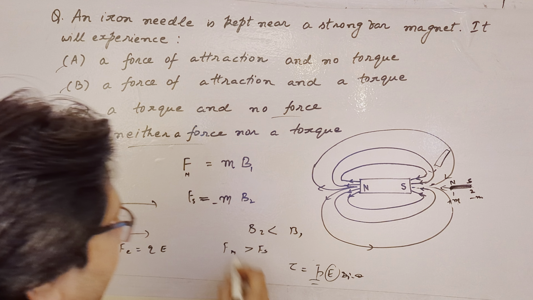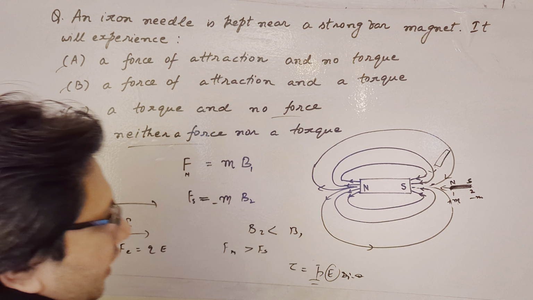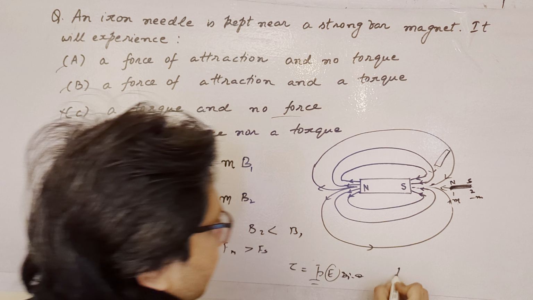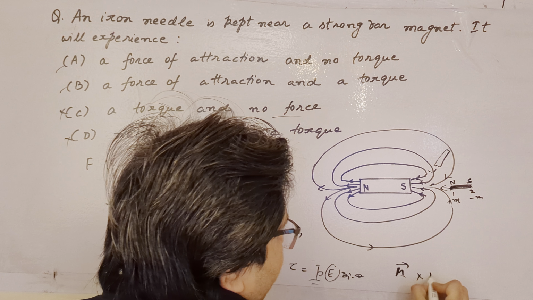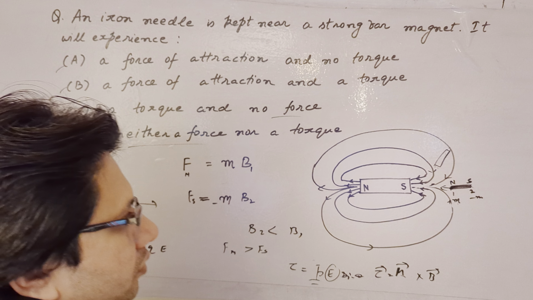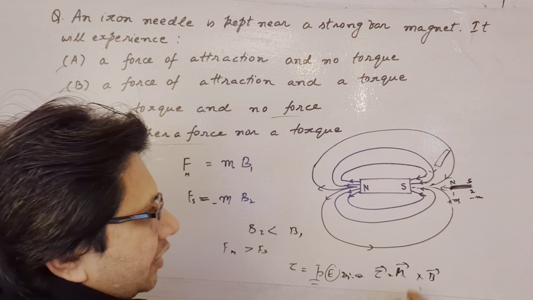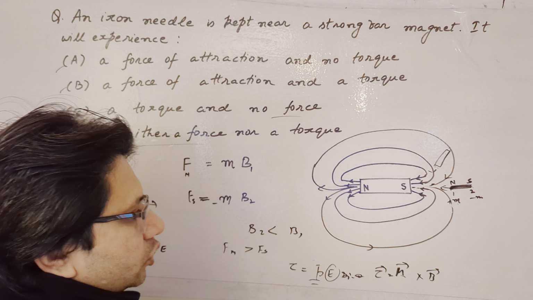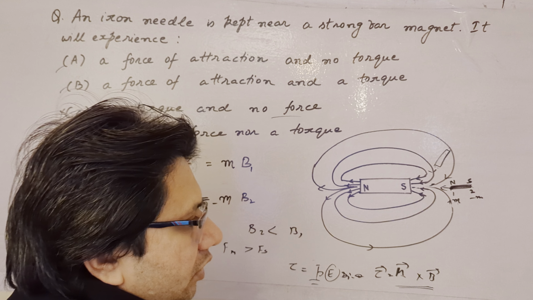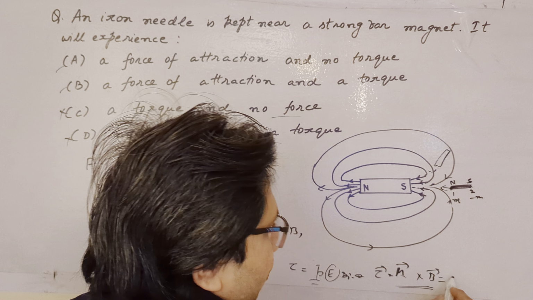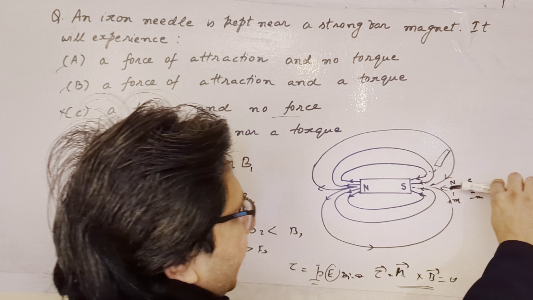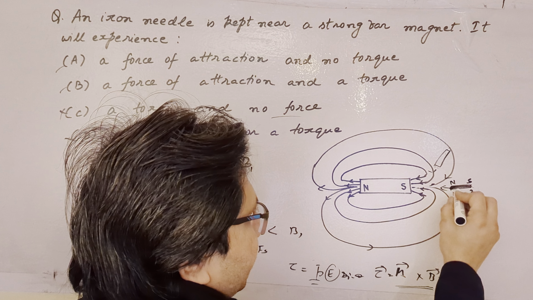There is a similar formula for the torque in the case of a magnet: torque is M cross B, where M is the magnetic moment vector and B is the magnetic field. So only if the angle between M and B is 0 can we say that the torque is 0. This is the possibility when there is an alignment of the magnet as well as the needle.